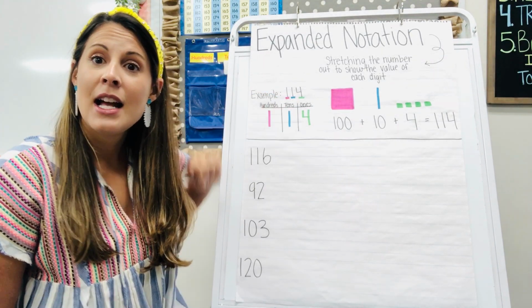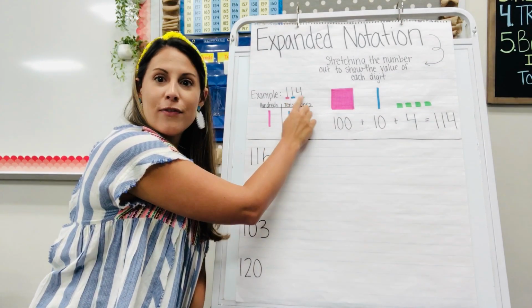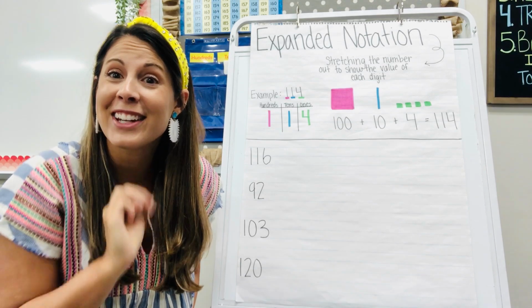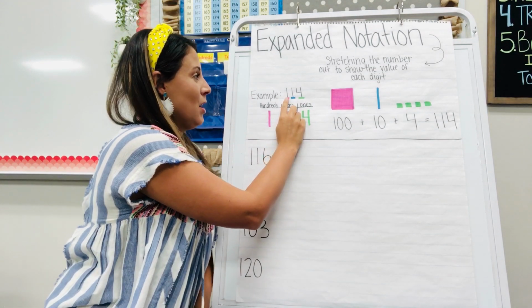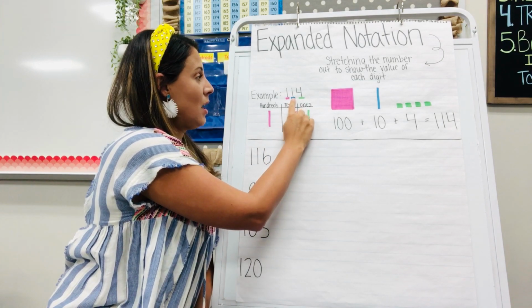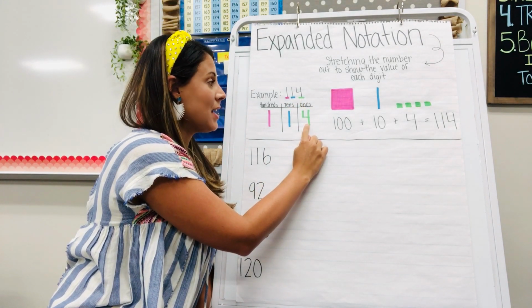So my example is 114. Now, how many digits are in 114? 3. Good job. We have 1 hundred, 1 ten, and 4 ones.